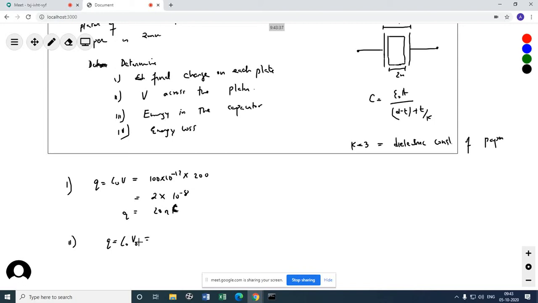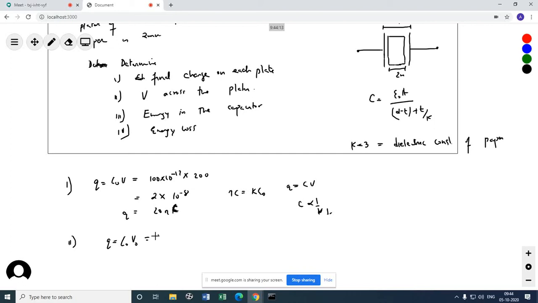Now the charge will remain the same and you are inserting a dielectric, so will the capacitance increase or decrease? If the capacitance increases, you know that C equals K C naught. Since Q equals CV, C is inversely proportional to V, keeping charge constant. So if C increases, what should happen to V? V should decrease.